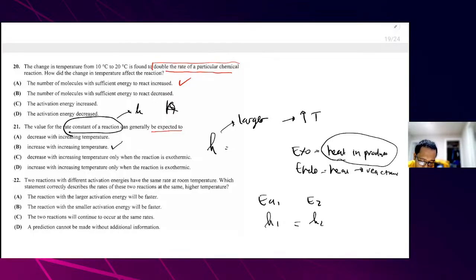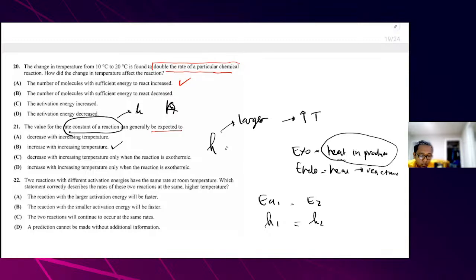The reaction with the larger activation energy will be faster. The reaction with smaller activation energy will be faster. The two reactions will continue to occur at the same rate. The prediction cannot be made without additional information.